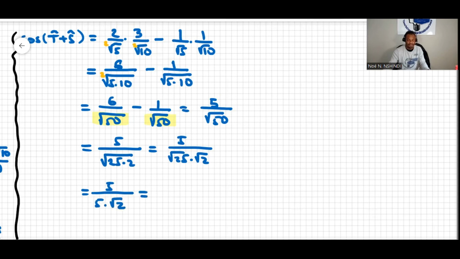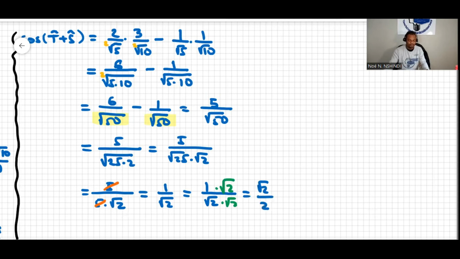So we can simplify here again. We can cross 5 and 5 there, and then we are left with 1 over square root of 2, which can be further rationalized. If we multiply here by √2, there also by √2, we will get √2 over 2.